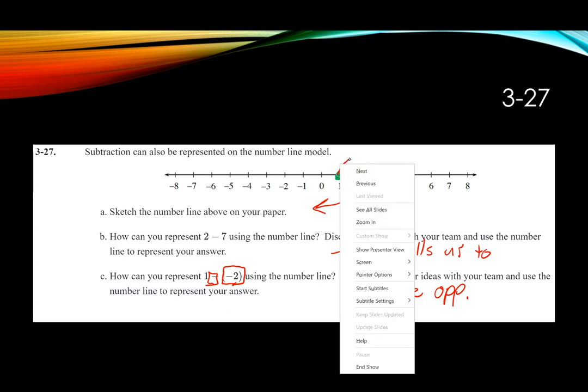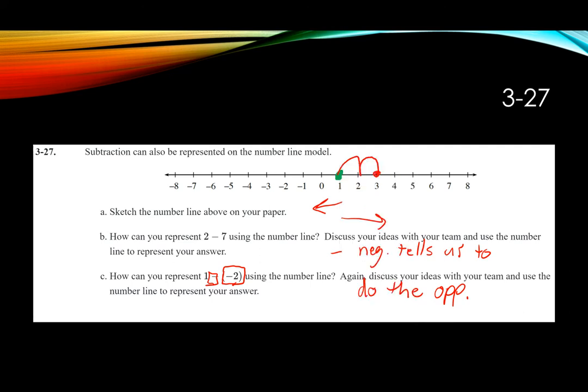So we're going to move 1, 2, and here we end up at positive 3. Does that make sense? We would have normally just gone 2 backwards, but instead, since it's a -2, we're going to do the opposite, and we're going to move forward 2 and end up at positive 3.